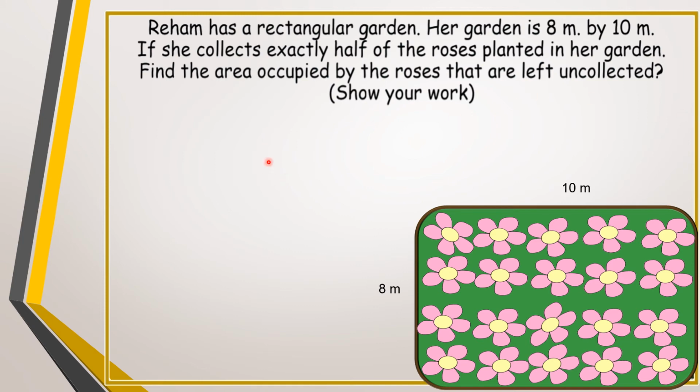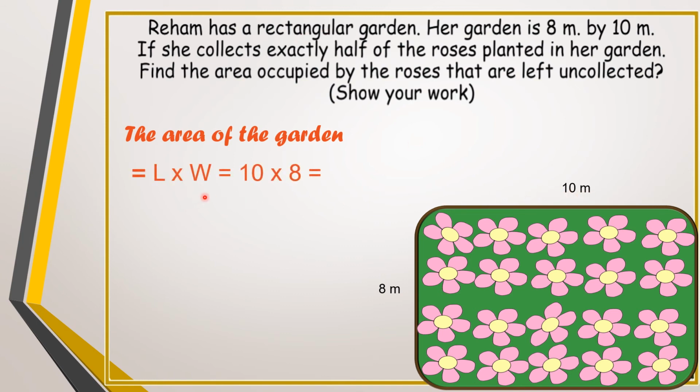So I want to find the area occupied by the roses that is uncollected. So I must first find the area of the garden. So the area of the garden is length by width because it's a rectangular garden. So I'll multiply 8 by 10 equals 80 meters square, because it's a meter, and don't forget the units.